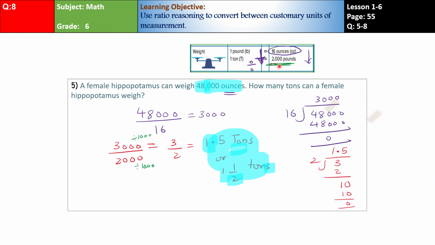Now you will divide this 3,000 by 2,000. Here you can cancel the 3 zeros from here and 3 zeros here. 3 over 2 is the same as 1 whole 1 over 2 tons. Here are the long division workings, so you can check.